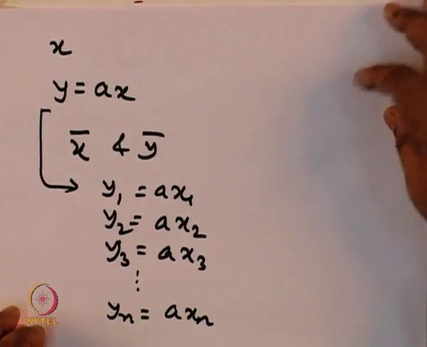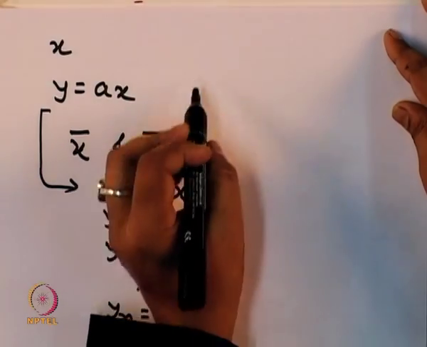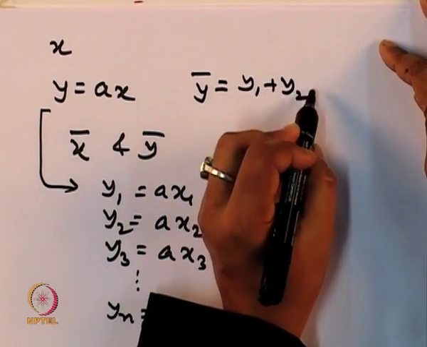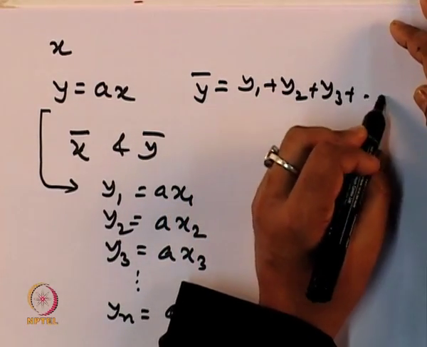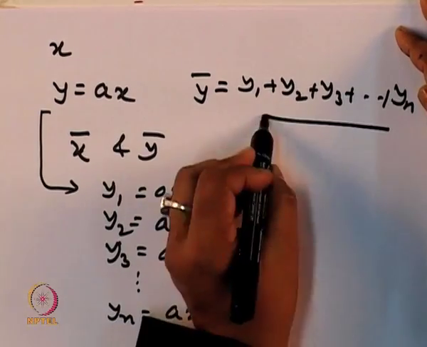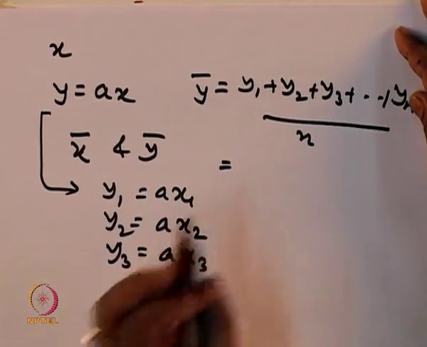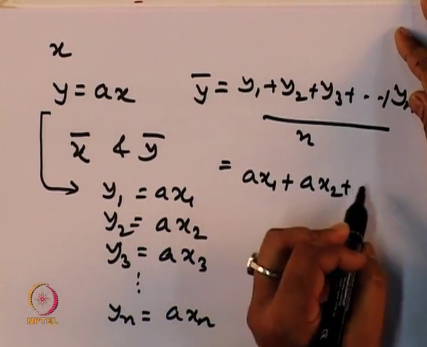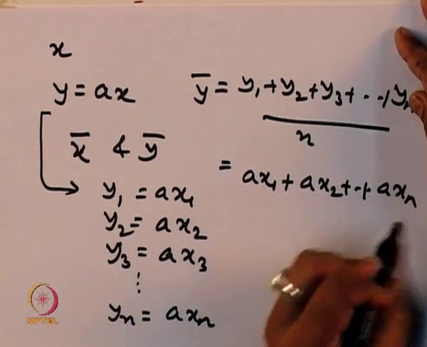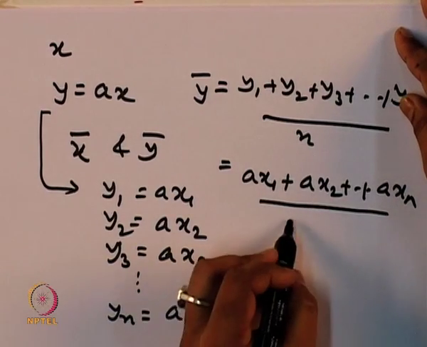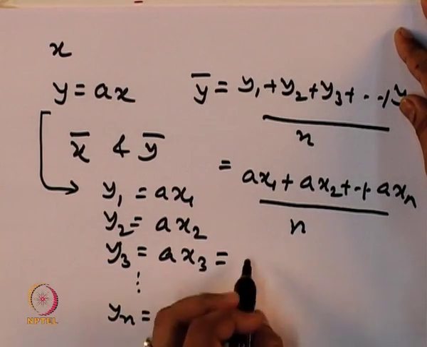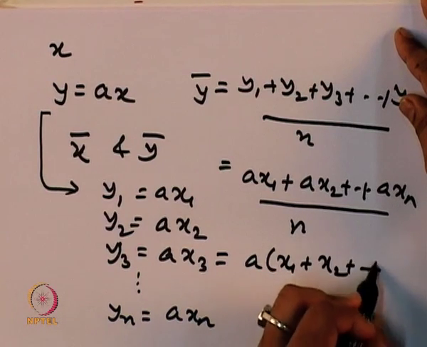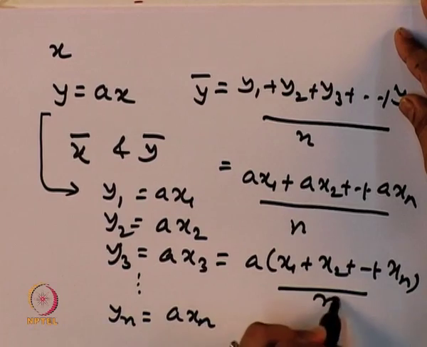Okay. So, then we can derive, what is my definition of y bar? y bar has to be nothing but y1 plus y2 plus y3 up to yn by n. So, y1 is nothing but a x1 plus a x2 up to a xn by n. I can take a common and it is x1 plus x2 up to xn by n.